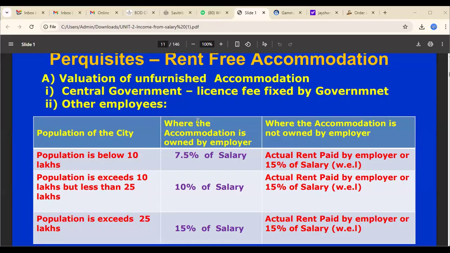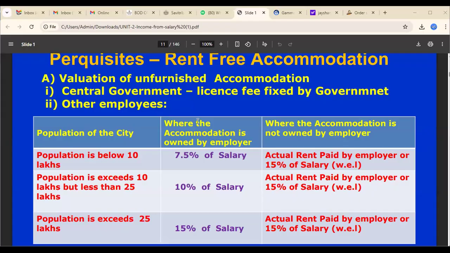So if the population of the city is below 10 lakh, and accommodation is given by the employer, then 7.5% of salary is taxable. But in case the accommodation provided is not owned by the employer, then it is 15% of salary.